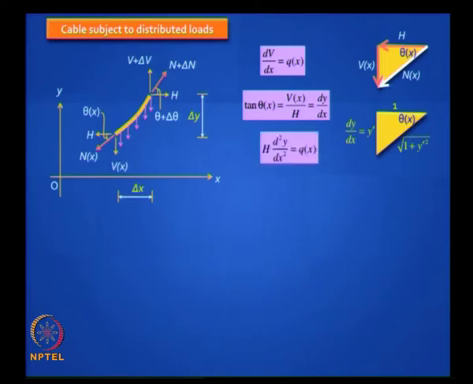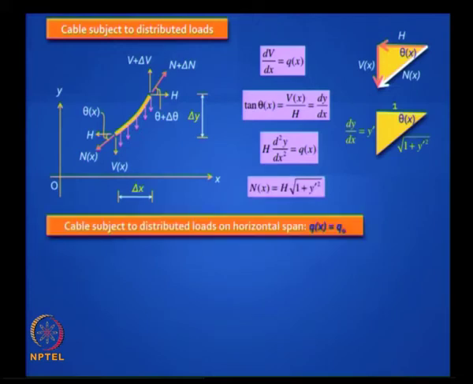And so if you substitute this value in the first equation, you get another equation where y of x comes into play. This is a basic differential equation of a cable, and the axial force can be easily generated from that triangle of forces, and you can use these equations to work out what is the profile of a cable for any given distribution in loading.